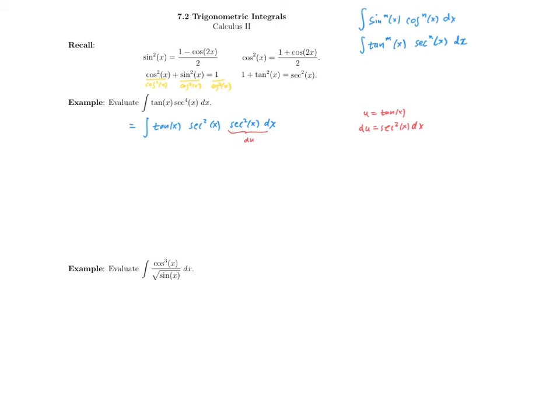And because that original power of secant is even, when we've pulled off a secant squared, there's still an even amount of secants remaining, and we can rewrite those in terms of tangent using the Pythagorean identity. So note, secant squared x can be written as it is above.